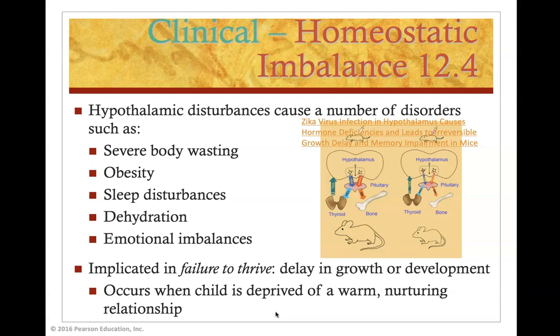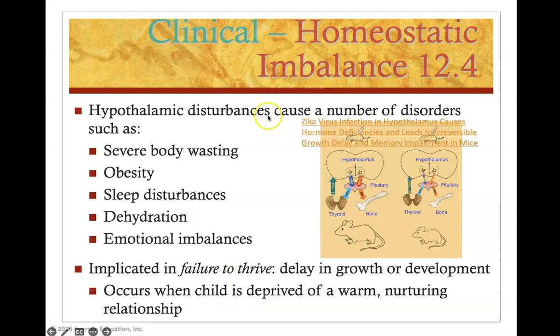And you've seen this in some of those old orphanages where they used to just set the babies in the cribs, and they didn't interact with them. They never picked them up. They never held them. And so a lot of those children ended up with hypothalamic disorders.